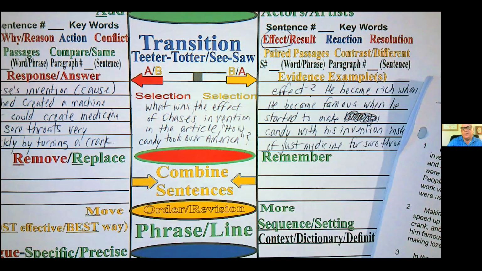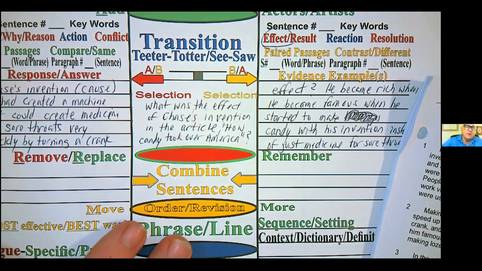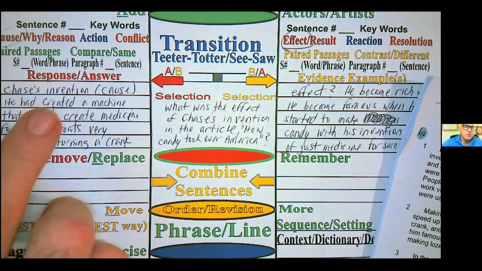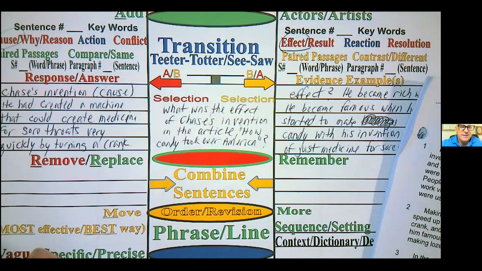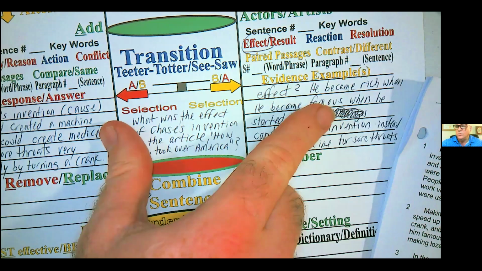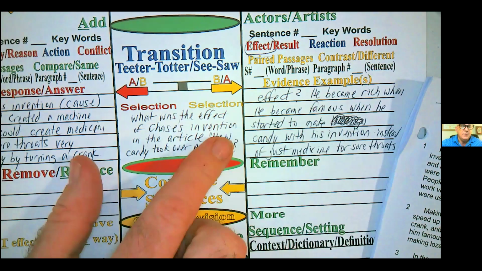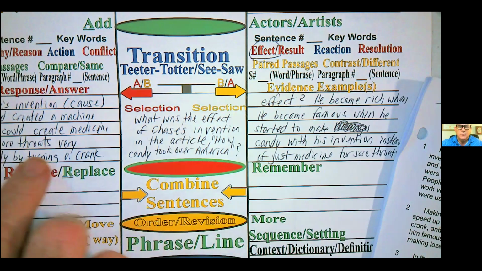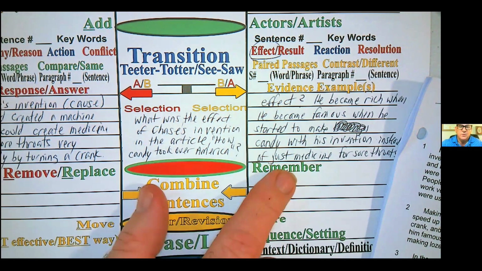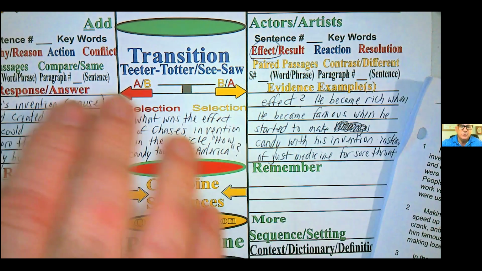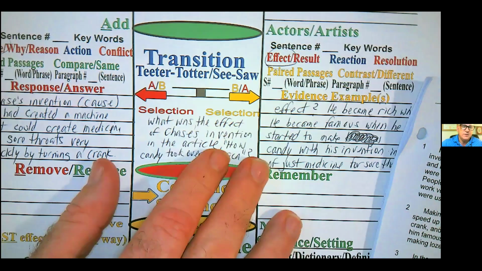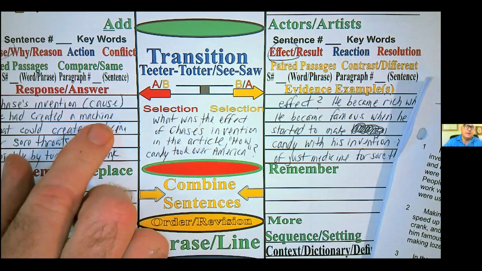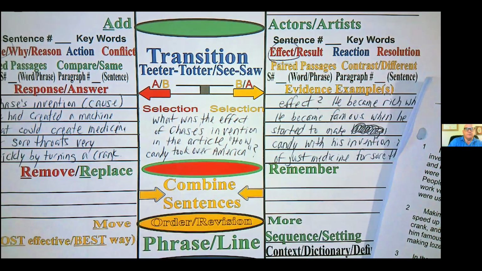That's one way I would solve that question. If you believe in putting the response first, you could write that part and highlight it in red for the response answer. You can highlight whichever parts you feel are the most important, because there were two different uses for his invention, so that's why I put both of them.